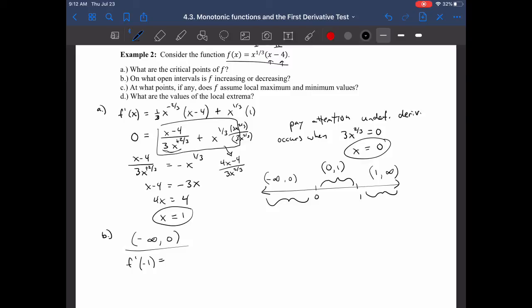Because x to the 1/3 times 3x to the 2/3 is just 3x, like we did before, and we'd have 3x plus x, that's our 4x, minus 4, and they have that common denominator of 3x to the 2/3. So I can look at this right here to determine this.